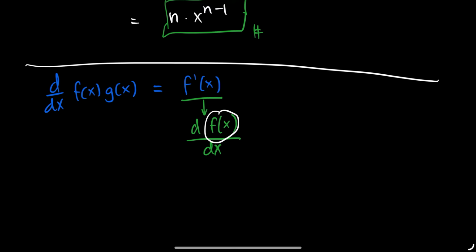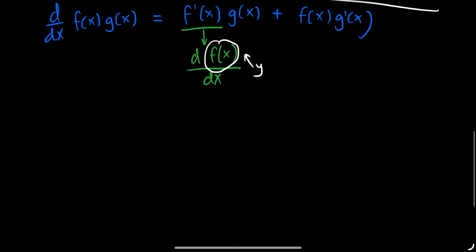Here, this is just y, so it's dy over dx basically times g(x) plus f(x) times g prime. This is the formula. So how can we prove it?